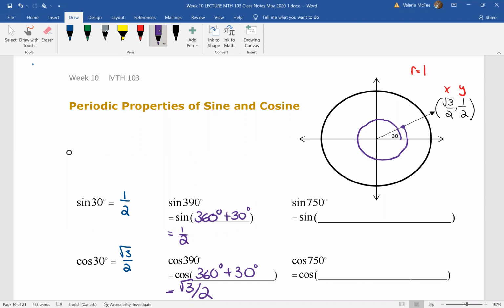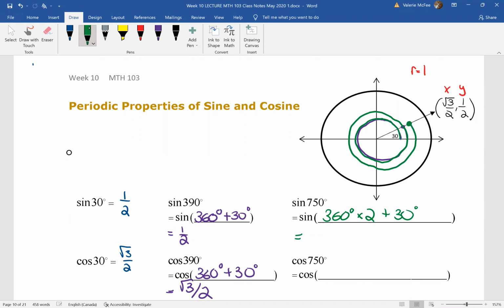What about 750 degrees? Well, we know that 750 degrees, again, if I start on that initial side, I go once, 360, I go twice, 720, and another 30, back at the same 30 degrees. So we say here that this is 360 degrees times 2 plus 30 degrees.